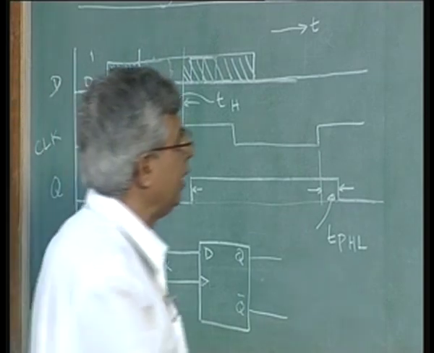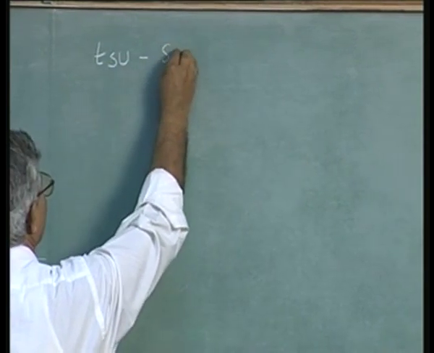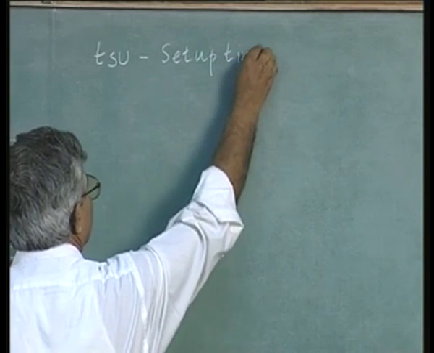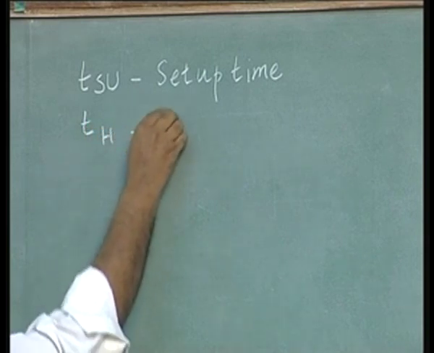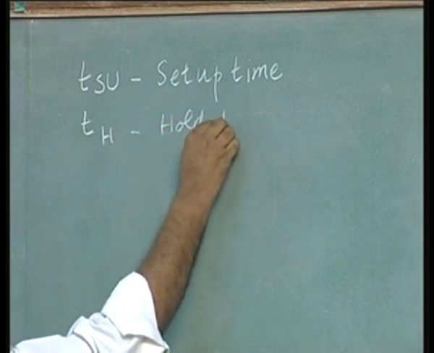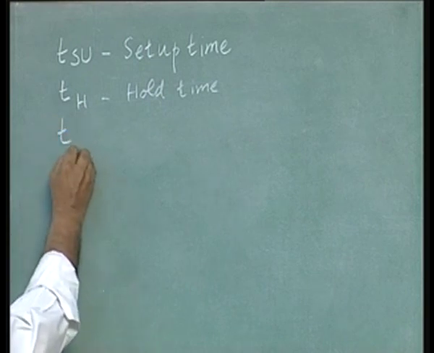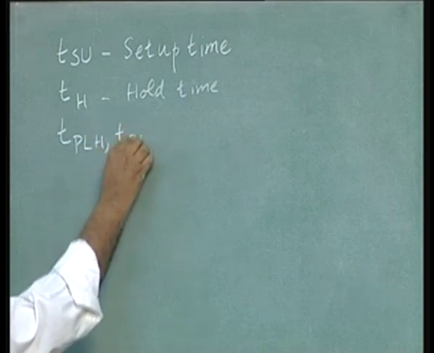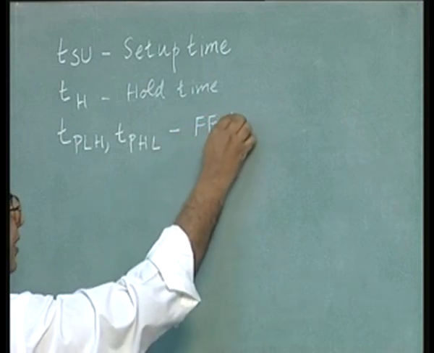So let us write this here. TSU: setup time. TH: hold time. TPHL, TPLH are flip flop propagation delays.